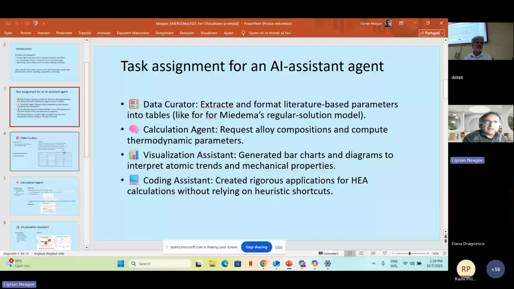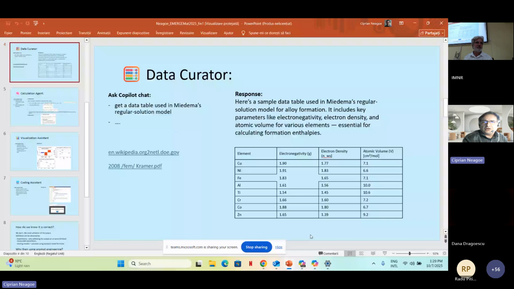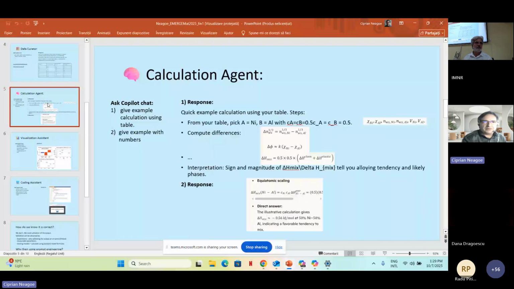I showed you here a table with all kinds of columns that are relevant for our model. Copilot also indicated the paper from which it extracted those parameters. So it can look for parameters, but also format them the way we need to feed our models. Then this is not recommended, but I showed you because it can perform calculations.